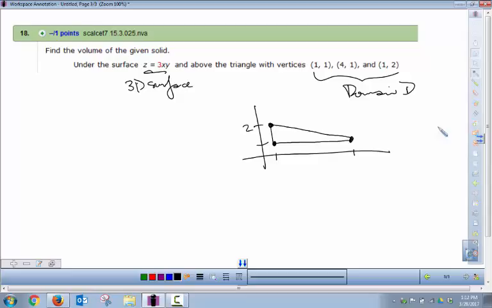The other problem that we had, it mattered what we integrate with respect to, because one way, we would need two integrals. So in this case, we have a choice. We can integrate with respect to x first or y first. But first, we need to figure out what these lines are.